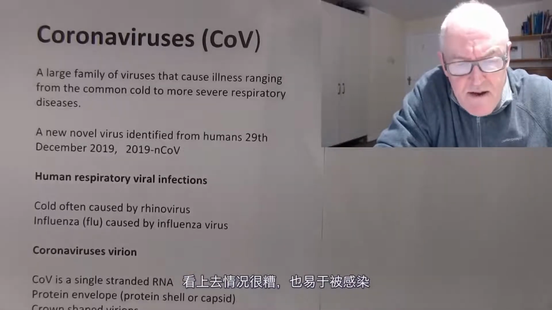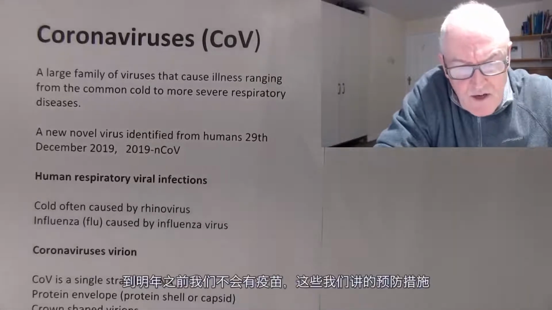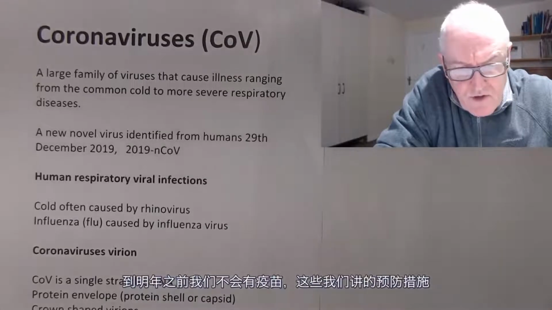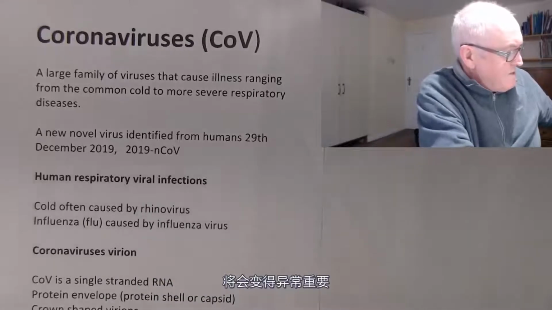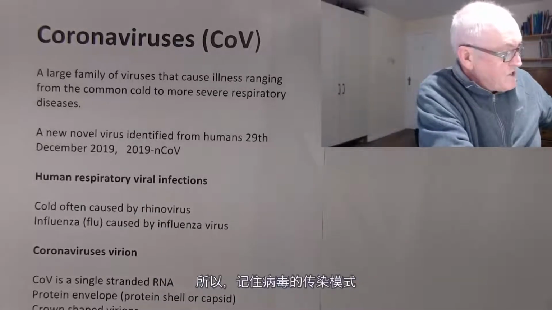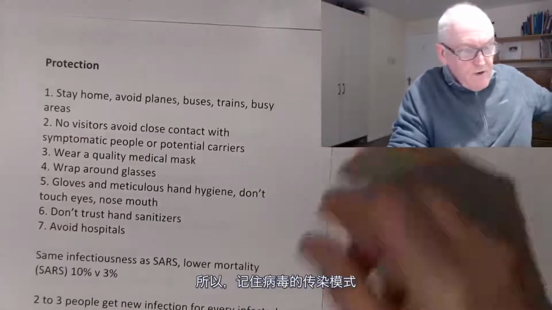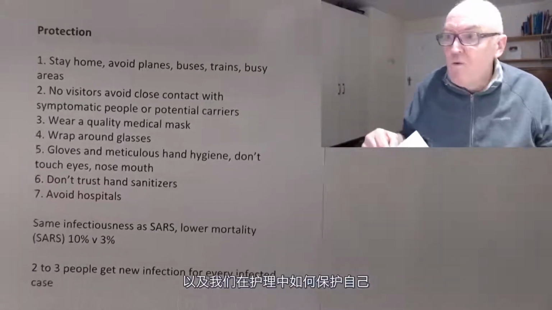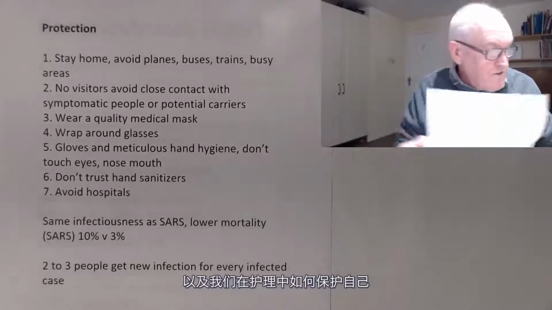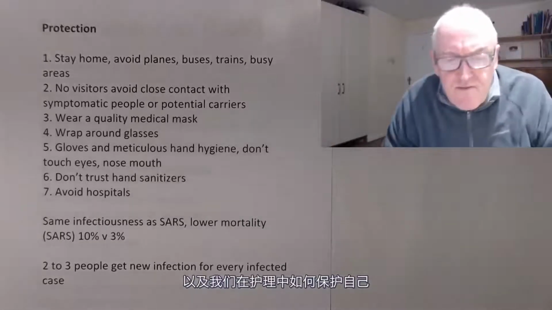You'd feel very ill if you get this. And we're not going to have a vaccine for about another year or so. So these preventative measures that we talked about are going to be very important. So remember the mode of transmission, how it's spread, and what we can do to protect ourselves and those in our care from infection.